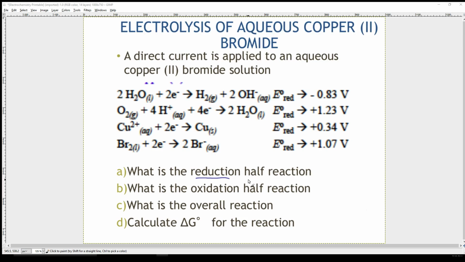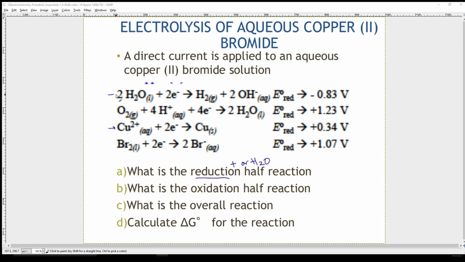Can it be a positive ion, a negative ion, or both? It has to be a positive ion or water. So we're only going to pay attention to the positive ion, copper, and water. And remember, for reduction, we're going to deal with the one that turns into hydroxide.